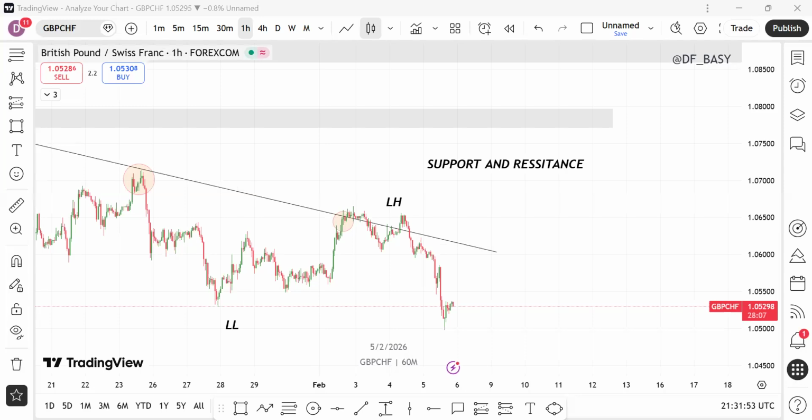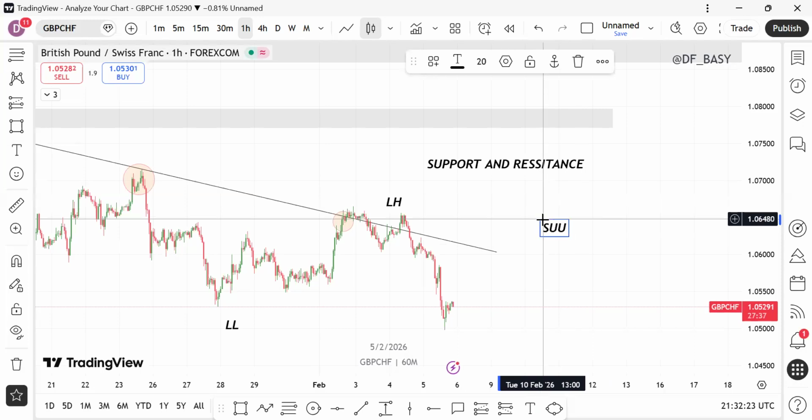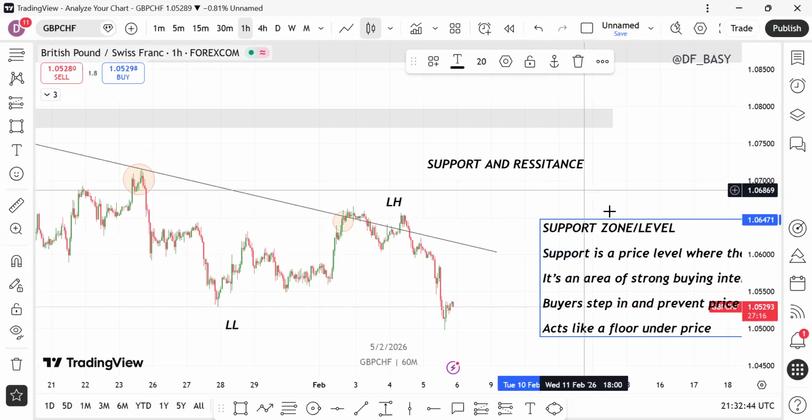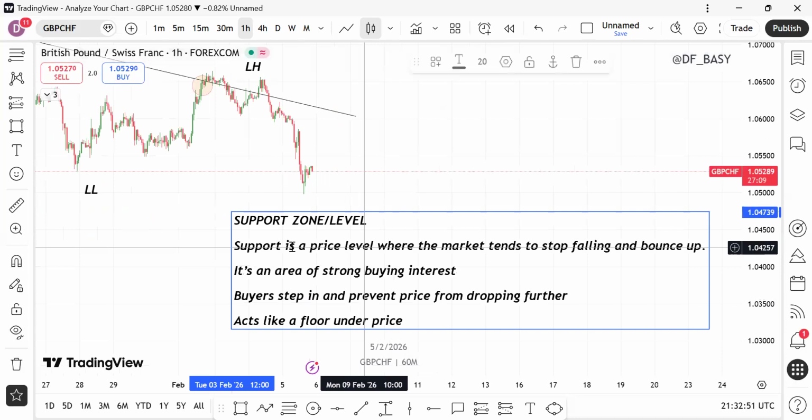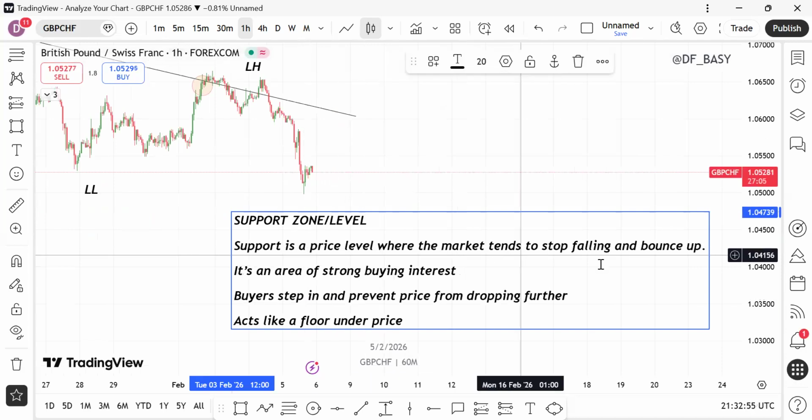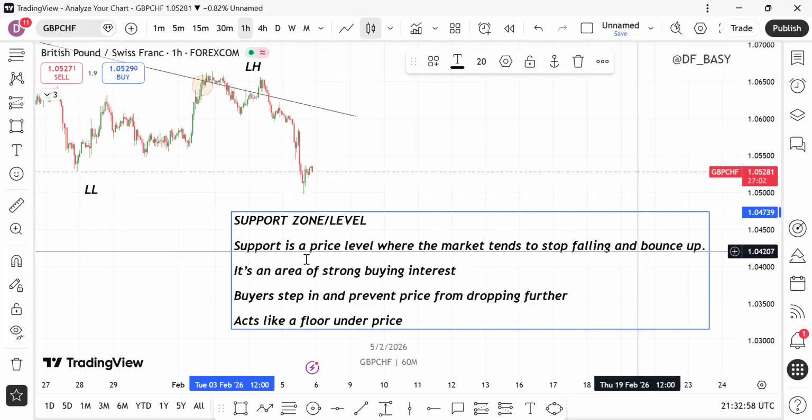It is an area that indicates strong buying interest.